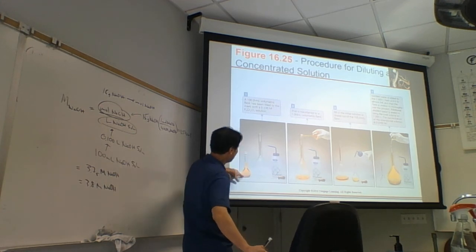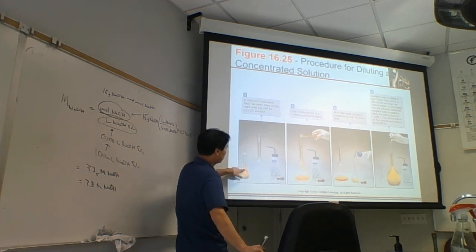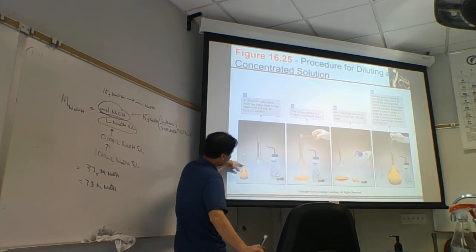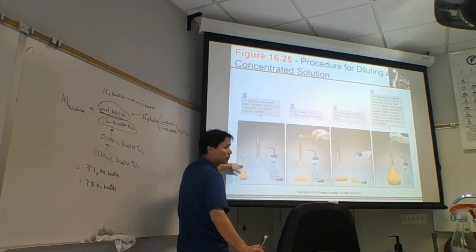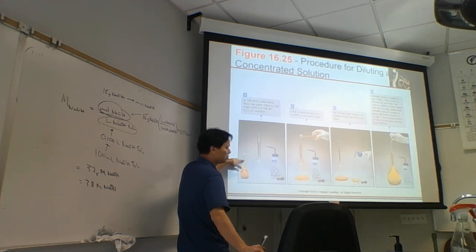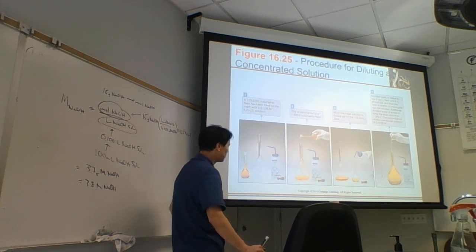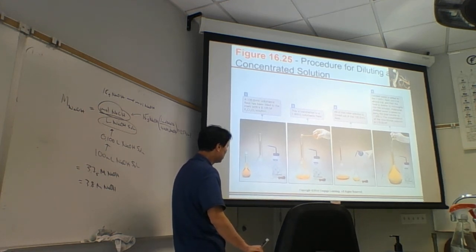This one's actually a 100.00 milliliter flask. There's a line etched in the neck here, and if you fill it just to that line, that's 100.00 milliliters. If you overshoot that line, then you have too much. If you undershoot it, you have too little, but we don't know how much is too much or too little because it's not marked.